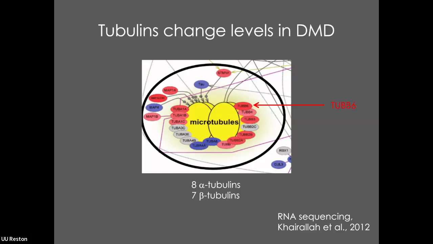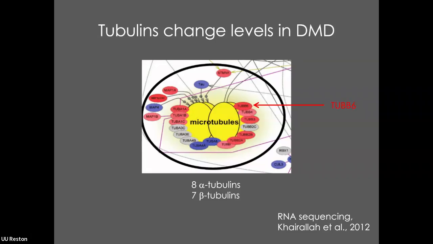And later we did that on mouse muscle. And what they found, they published all the differences. So in this case, this is just a small part of a figure that they have in their publication, where they show just by coloring. I don't know if you can see the names.